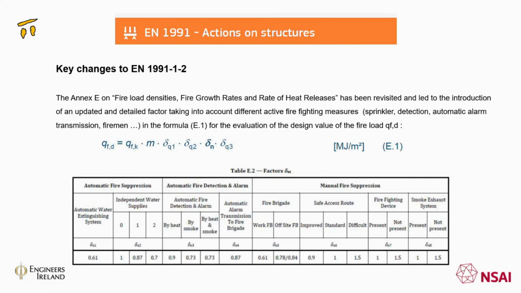But the use of this will have to be verified and approved within the Irish National Annex, and whether Annex E, for example, can be used is a decision which has yet to be made in the production of the National Annex for that document.